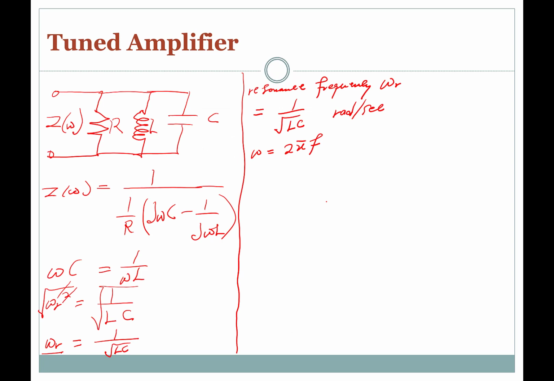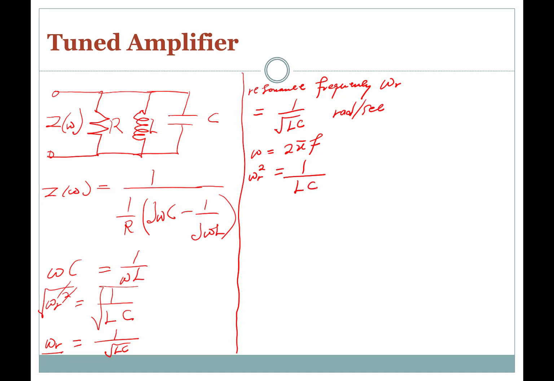We know already that omega R squared is equal to 1 over LC.